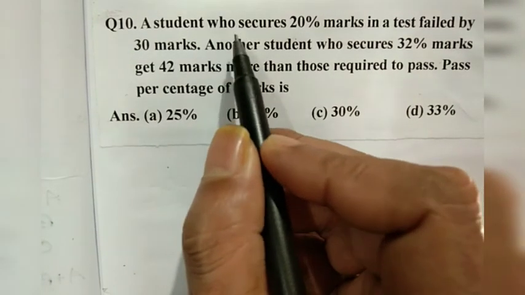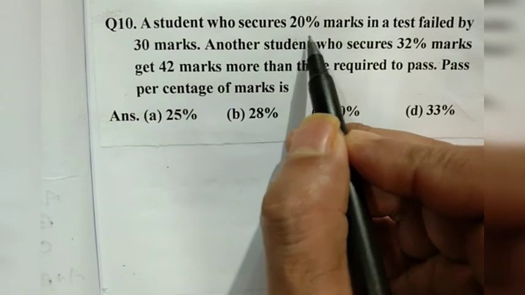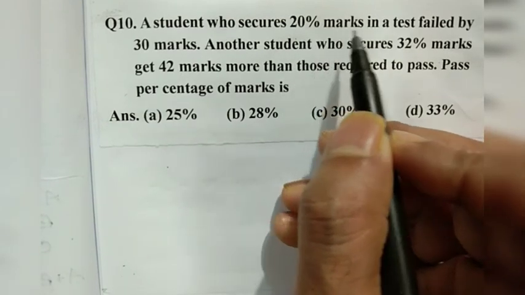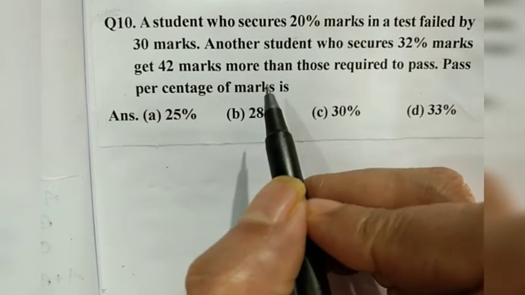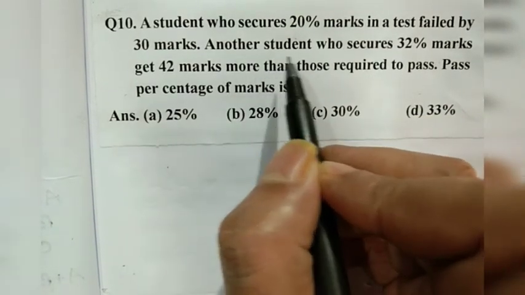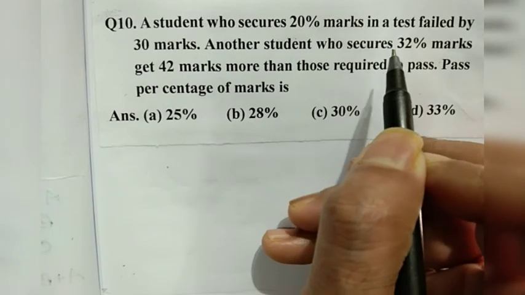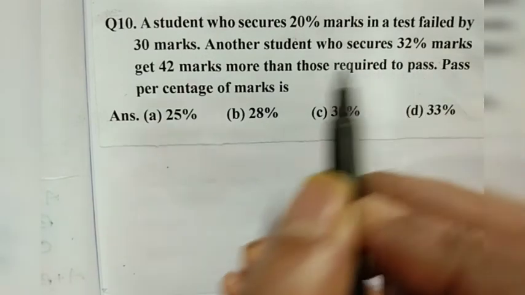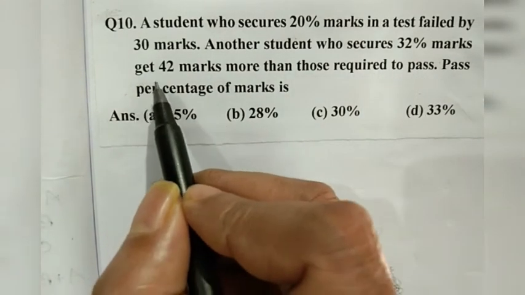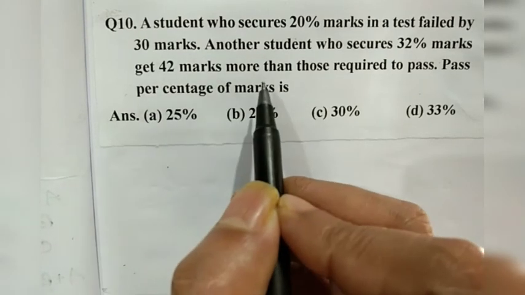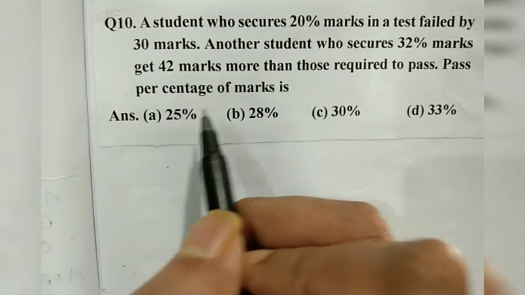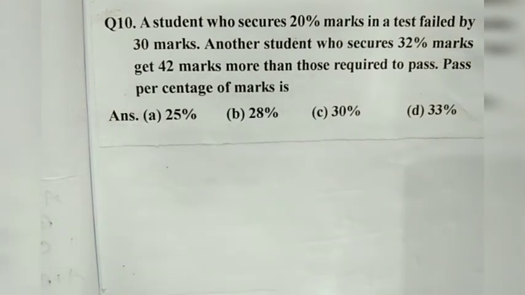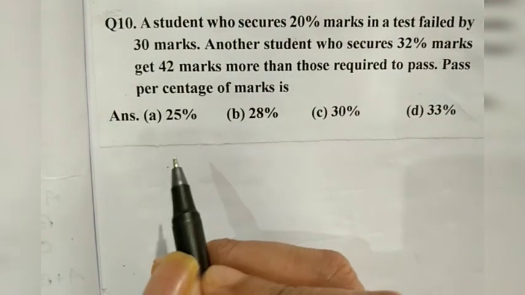A student who secures 20% marks in a test failed by 30 marks. Another student who secures 32% marks gets 42 marks more than those required to pass. What is the pass percentage of marks? Okay.